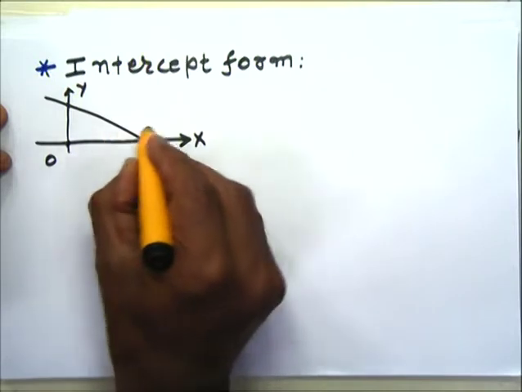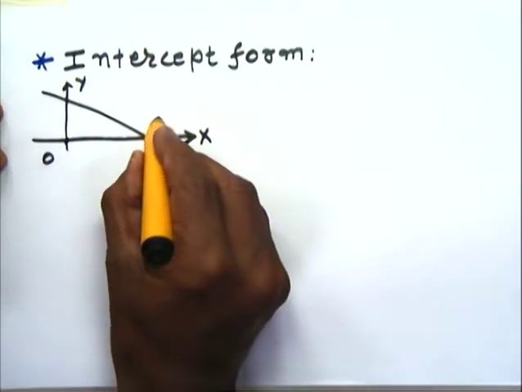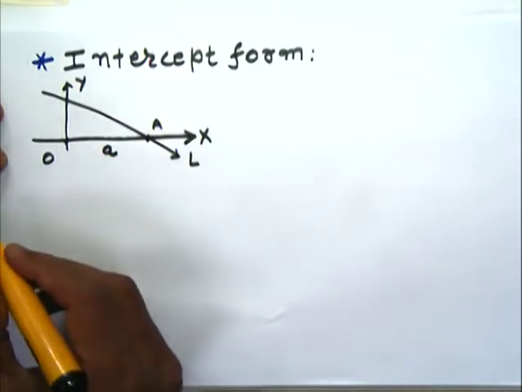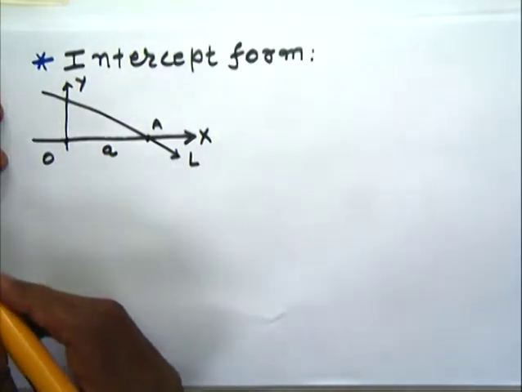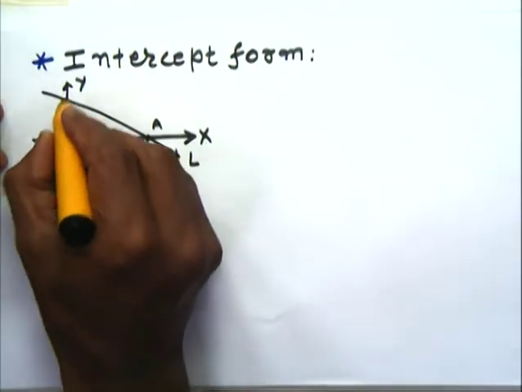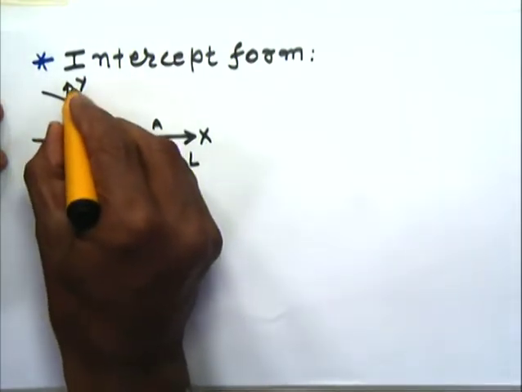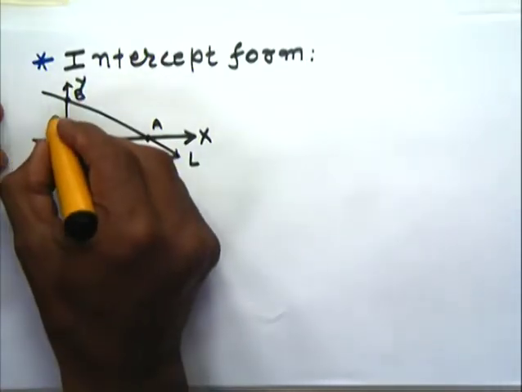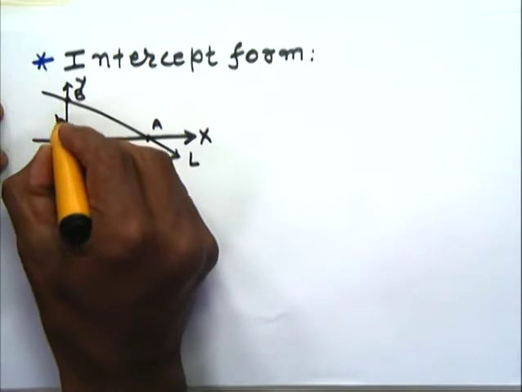This value OA is called intercept of the line on x-axis, which is small a. OB is said to be intercept of the line on y-axis.